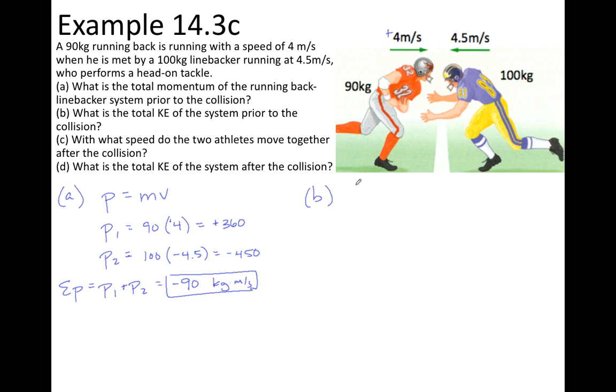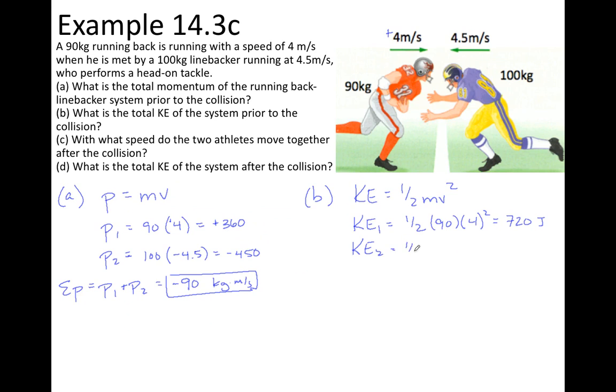So finding the kinetic energy of the system is going to be a very similar calculation. We'll find the kinetic energy of each player individually, and then we're going to add them up. So the mass of the first player is 90. He's moving with a speed of 4, and so he has 720 joules of kinetic energy.